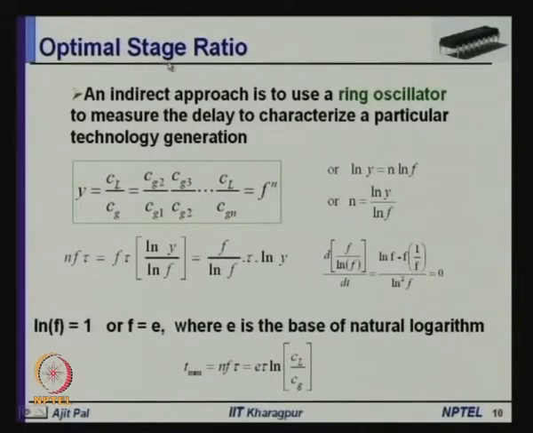We have decided to get the optimal stage ratio. So, you can find out the delay. This is the delay, n f tau. You have used n stages with stage ratio of f. f is the ratio of CL to the gate capacitance of the first stage, the minimum gate capacitance.